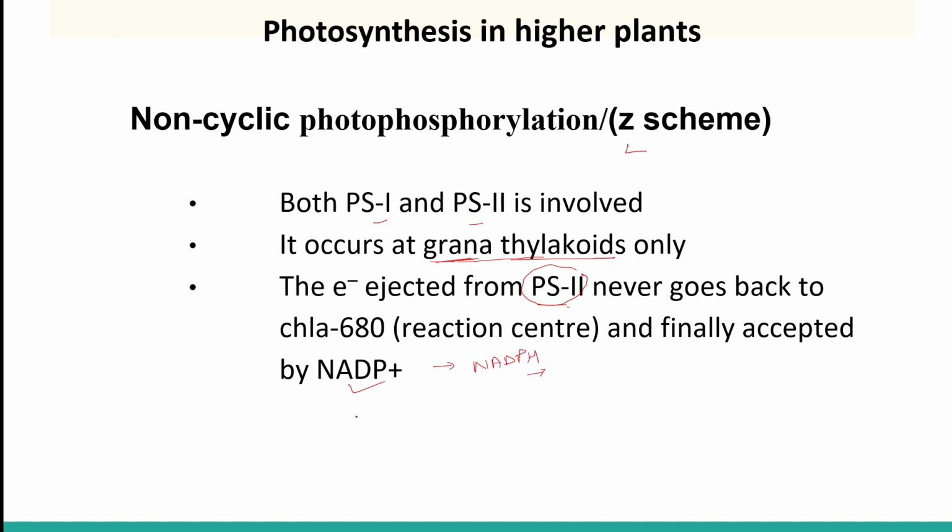So here synthesis of both ATP and NADPH takes place, whereas in cyclic photophosphorylation only ATP was synthesized.